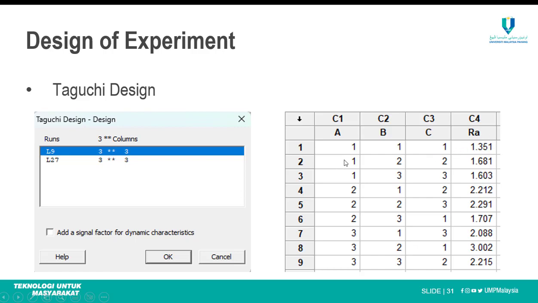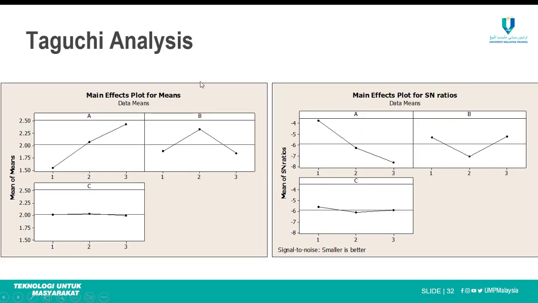Then for number two, we set the first parameter at level 1, and the second and third parameters at level 2, and again we conduct the experiment and measure the output. So we conduct the full experiment following the Taguchi table. Then we analyze the result.